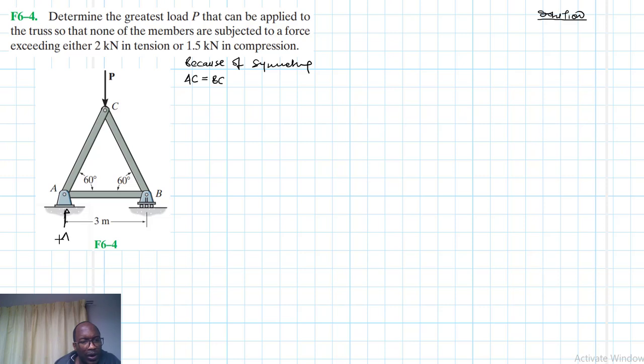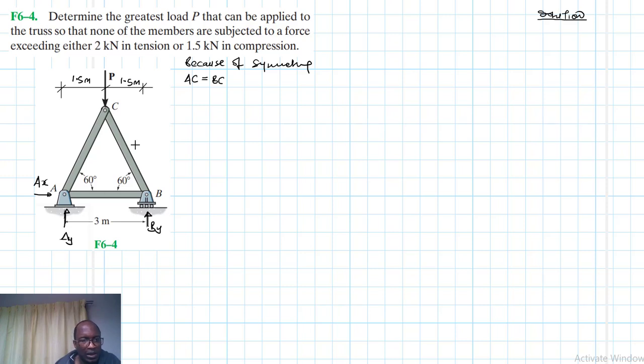We have AY here, and then we have AX. Then here we have BY. And like we said, there is symmetry, so this problem is much easier. Those dimensions there, this is going to be 1.5 meters, and this is 1.5 meters.